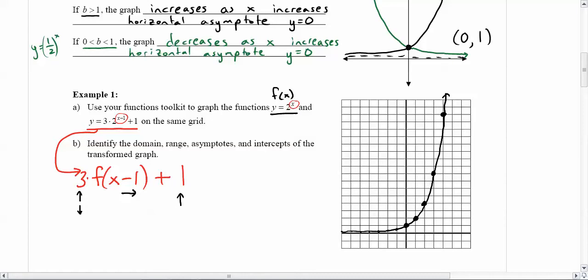And now I can take the points on that graph and find out where they move if I do the transformations. So I'm just going to start with the point (0, 1). And first, now I'll go left to right. I don't have to worry about factoring b because there's no b value here. So the first thing I'm going to do is expand 3 times vertically. So I take my y value times 3.